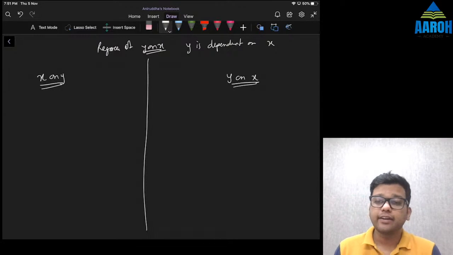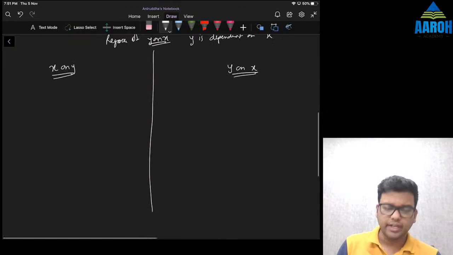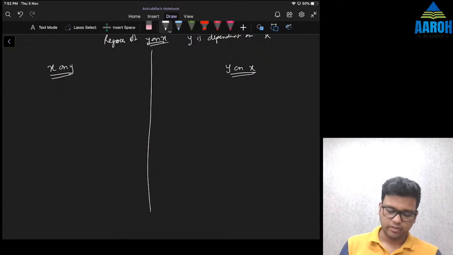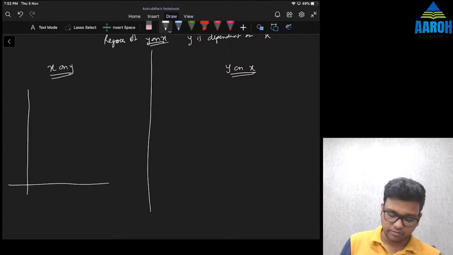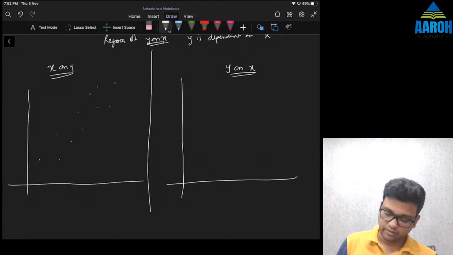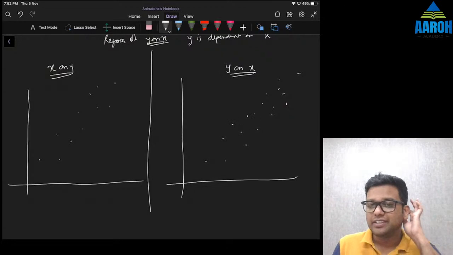If we draw a scatter diagram of the data, say the past 10 years of x and the past 10 years of y, maybe it looks something like this. There seems to be a positive correlation. Let me draw it here again; assume the two diagrams are the same.